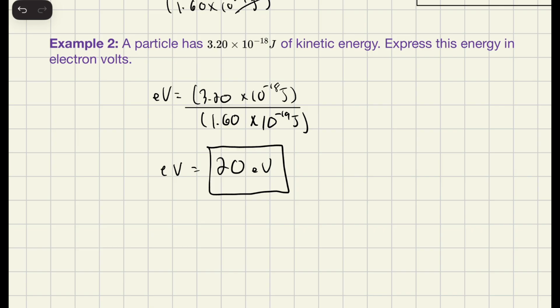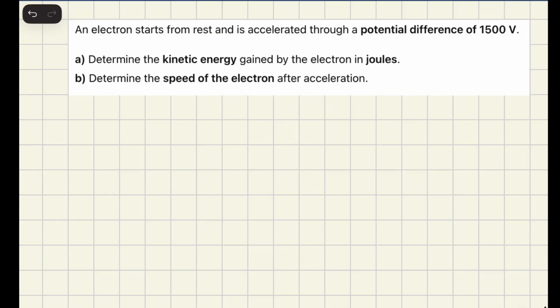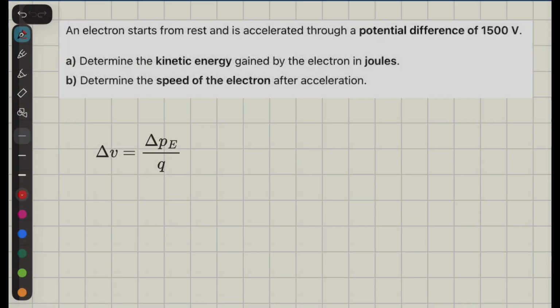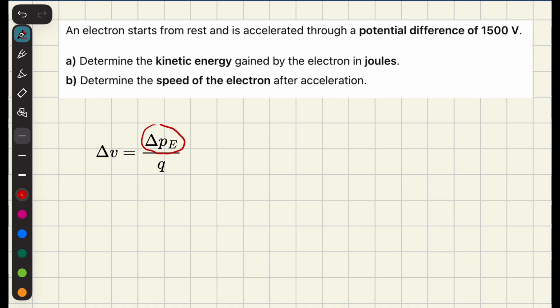Now let's take a look at this conversion in a more typical question for your physics class in electrostatics. For this question here, we want to determine the kinetic energy gained by the electron in joules. Well, remember that since energy has to be conserved, whatever change in potential energy is going to be equal to the change in kinetic energy that would be experienced by the electron.